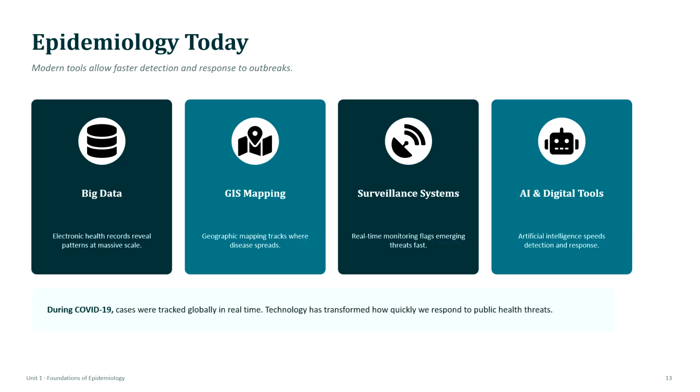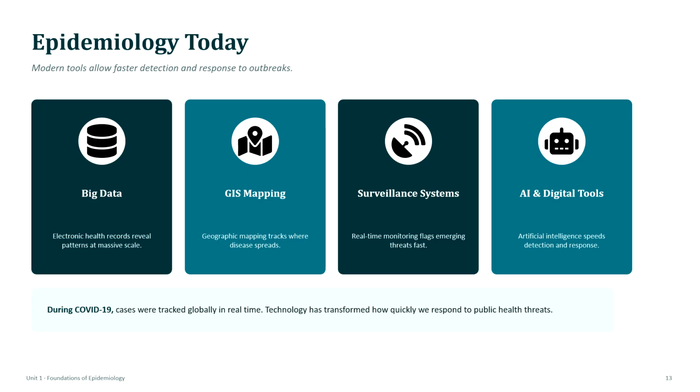Let's spend a moment on where the field stands today because it really has been transformed by technology. Big data and electronic health records let researchers spot patterns across millions of patients simultaneously. GIS, or geographic information systems, let us map disease spread with pinpoint precision, building directly on what John Snow did by hand in 1854.